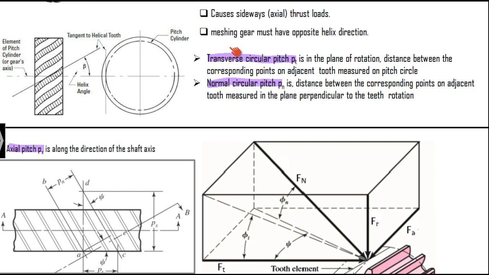When we look at the transverse pitch, this is measured on the pitch circle, and the normal pitch is measured in a plane perpendicular to the teeth, and the axial pitch is in the direction of the shaft axis.